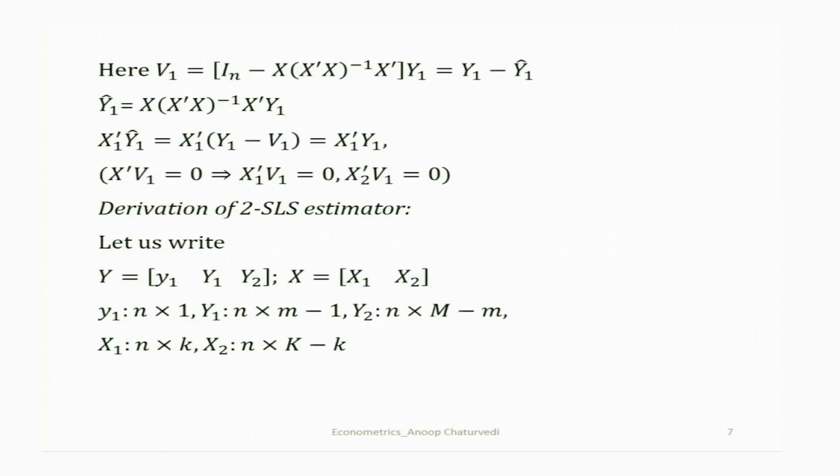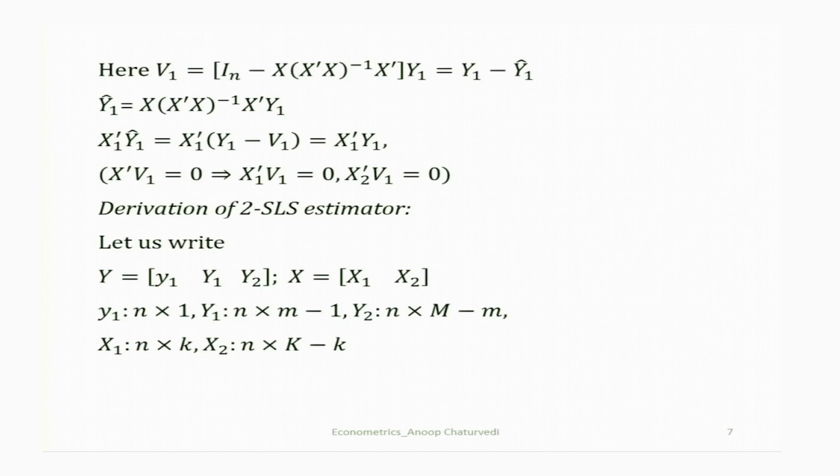Here V 1 is equal to I n minus x, x transpose x inverse, x transpose, times y 1. Or you can write it as y 1 minus y 1 hat, where y 1 hat is equal to x, x transpose x inverse, x transpose y 1.